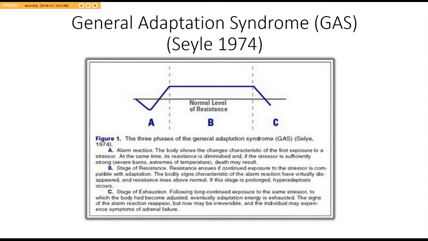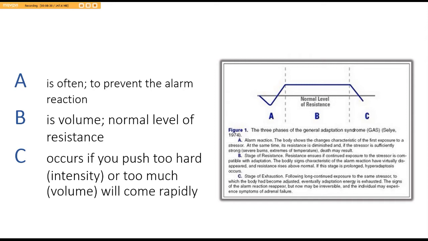It's important to have a general understanding of this syndrome because it is relevant to some of the building blocks in our hierarchy of endurance needs. So A, I would think, refers to how often you train. In order to prevent the alarm reaction phase, you need to train often.